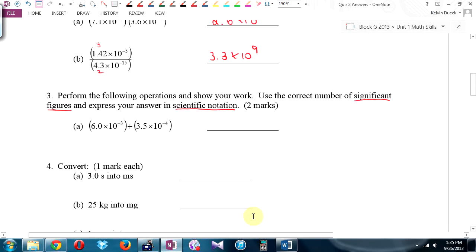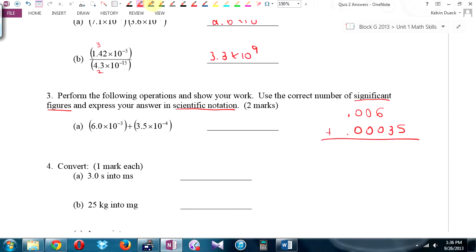Number 3. I need to write these in standard notation first. This is going to be 0.006 plus, and this is going to be 0.00035.